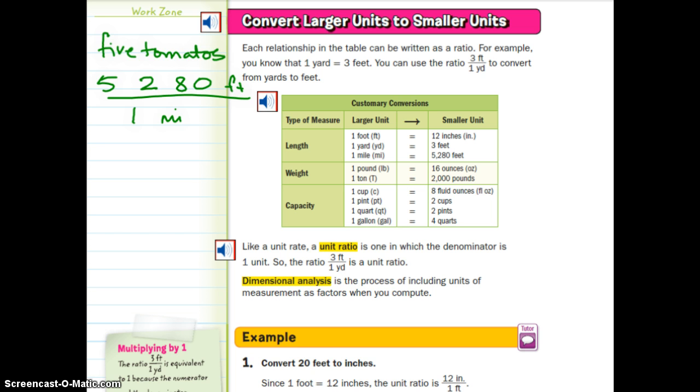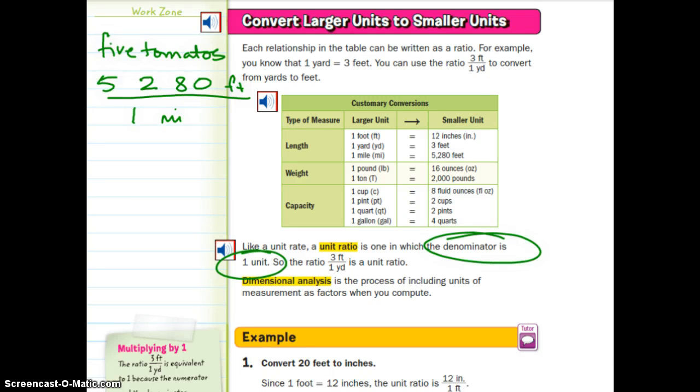For weights, we have 1 pound is 16 ounces, 1 ton is 2,000 pounds. Capacity, 1 cup is 8 fluid ounces, 1 pint is 2 cups, 1 quart is 2 pints, 1 gallon is 4 quarts.